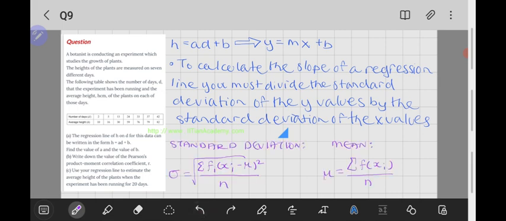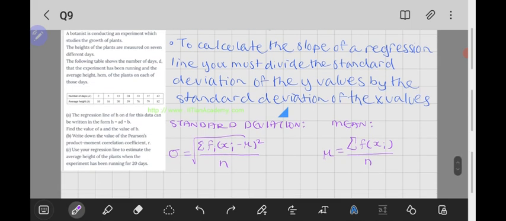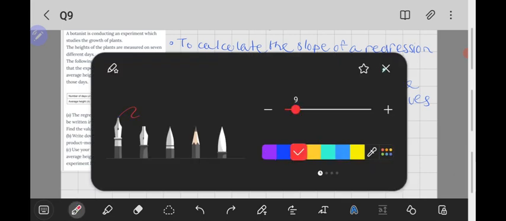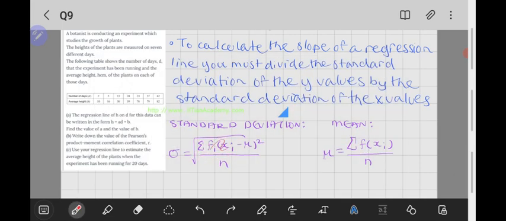To calculate standard deviation, we use the two equations below, where the standard deviation is equal to the square root of the sum of all our x values minus the mean of our x values, squared, and we do the same for the y values.